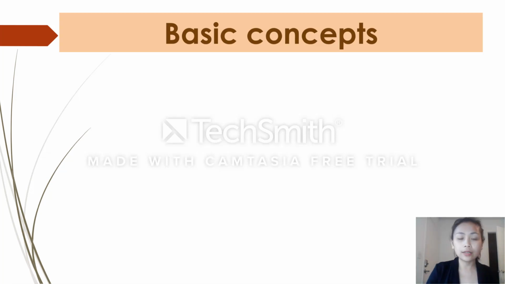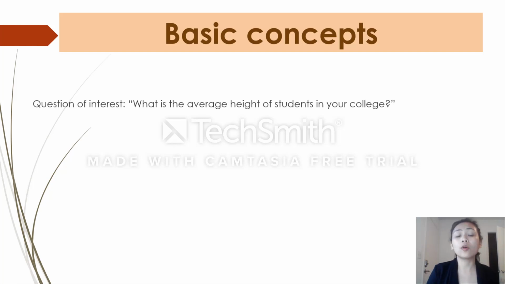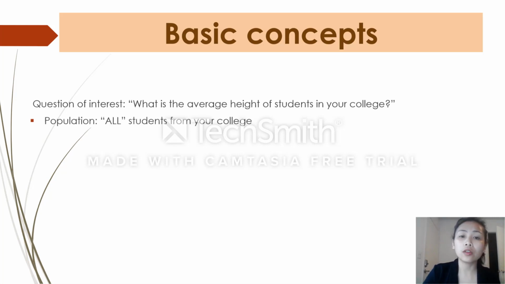And in this situation, your question of interest is, what is the average height of students from your college? So you are interested in the group of all students from your college. So in this case, all students from your college make up a population.